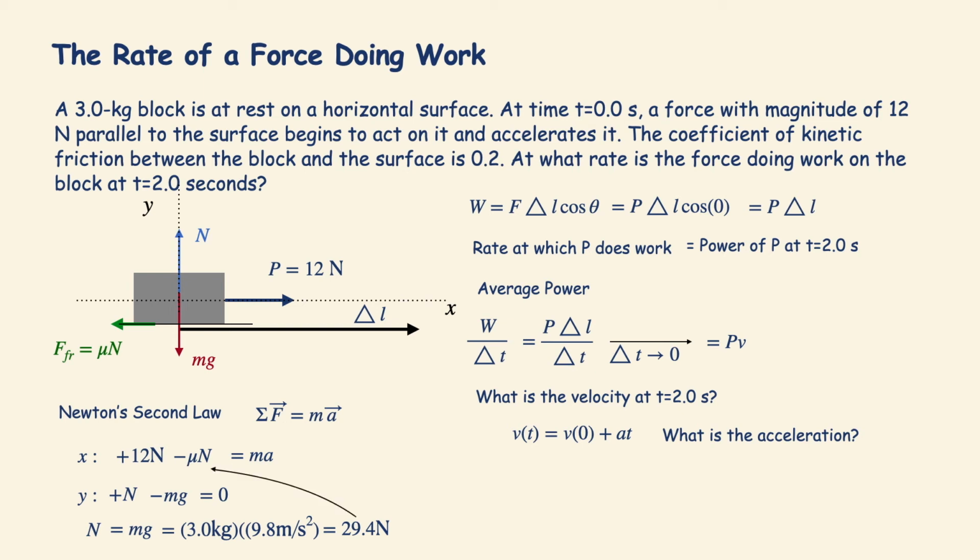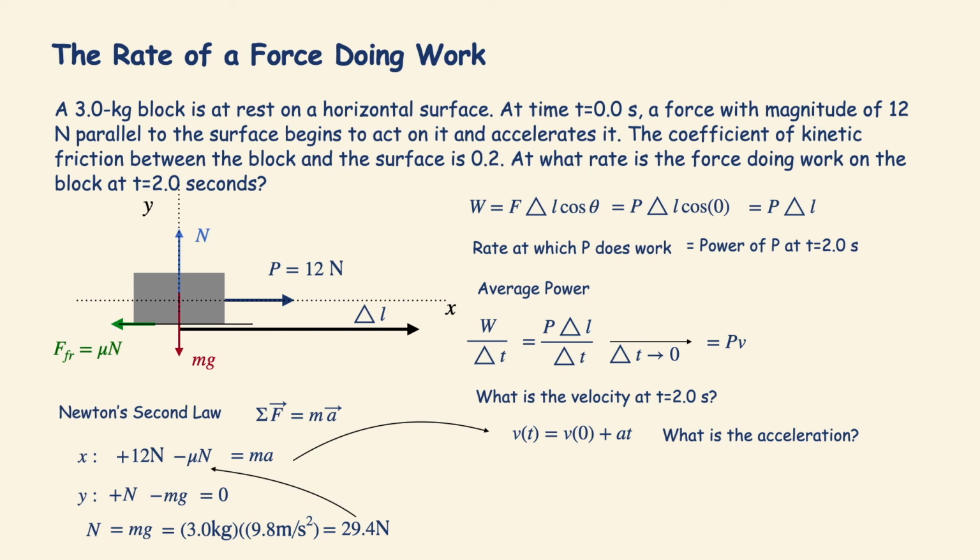Knowing the normal force, I can go back here and plug it in the x equation where I had the frictional force, which will allow me to find the acceleration. And hopefully if that acceleration comes out constant, I can go back to the kinematic relationship about the velocity, use the acceleration there to determine the velocity, and then go back to the question about the power at 2 seconds.